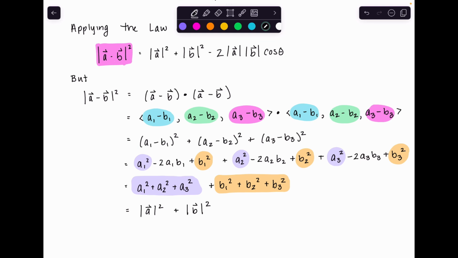And then finally, let's see, what color haven't we used? Don't really have a nice one. We'll go with green again. You've got minus 2 A1 B1, minus 2 A2 B2, minus 2 A3 B3. They all have a minus 2 in common, so I'm going to go ahead and factor that out, and we're left with this.